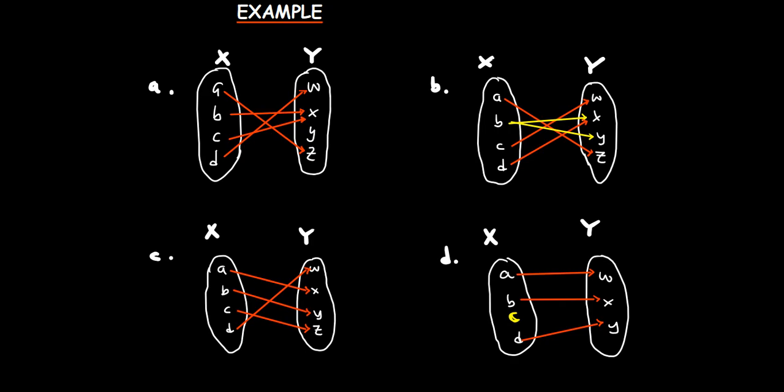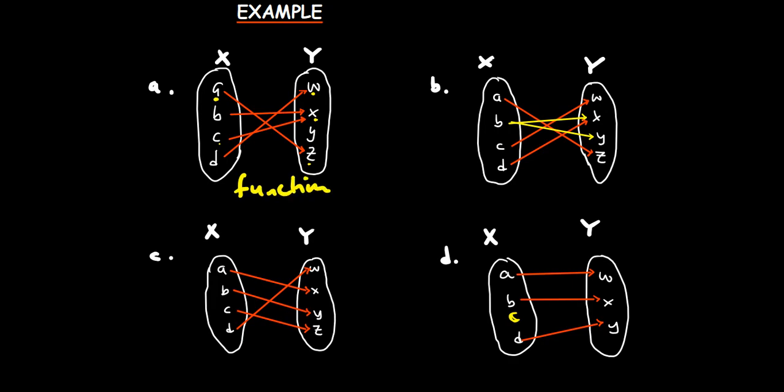For the set A, we see that every element in x is mapped to only one element. B is mapped to x, and that's only one element. C is also mapped to x. A is mapped to Z and D is mapped to W. So all the elements in x are mapped to one element in y, so this here is a function.